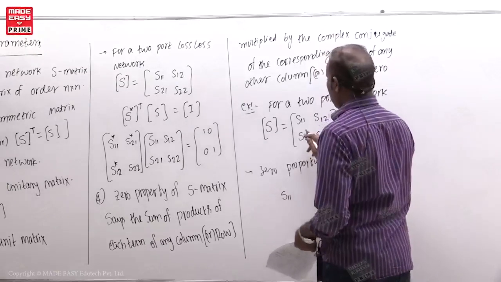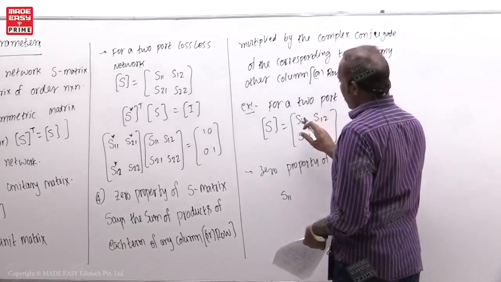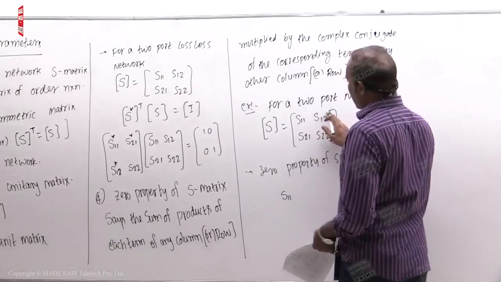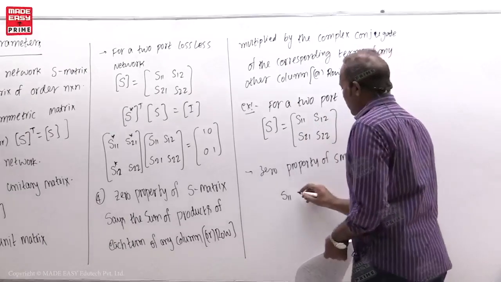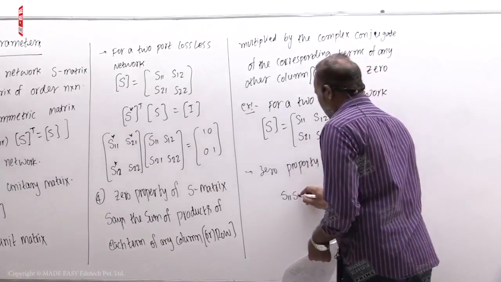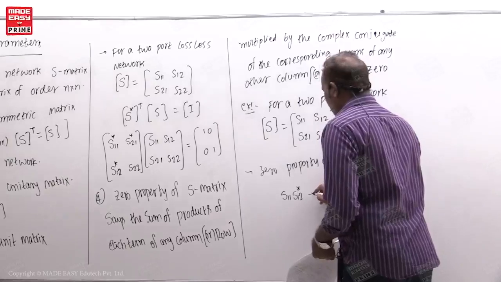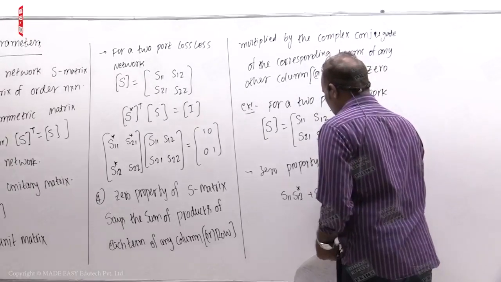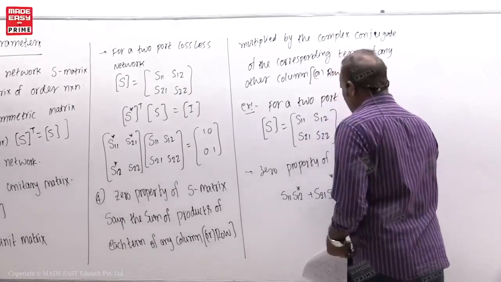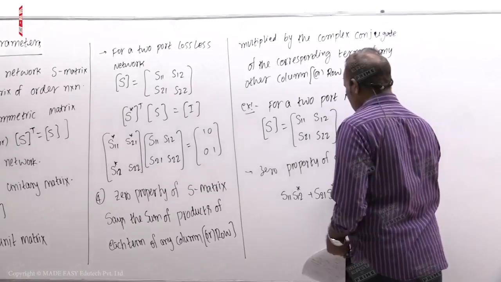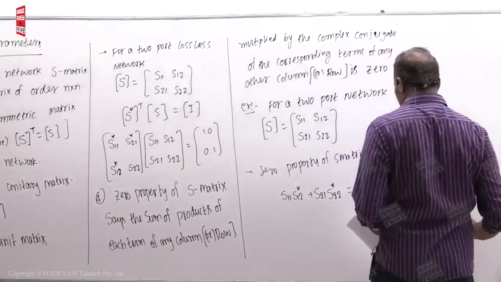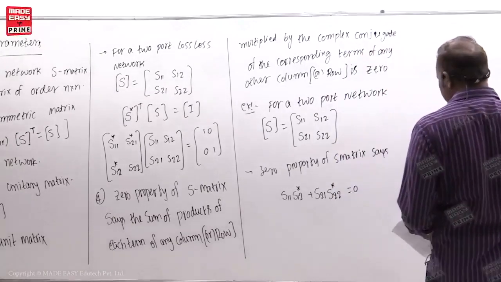So S11 multiplied with the complex conjugate of the corresponding term in the other column, that is S12 star, plus S21 and S22 star is equal to 0. So that is the meaning of that one, right?